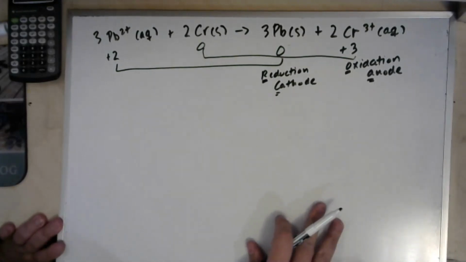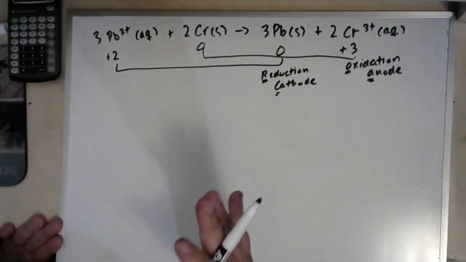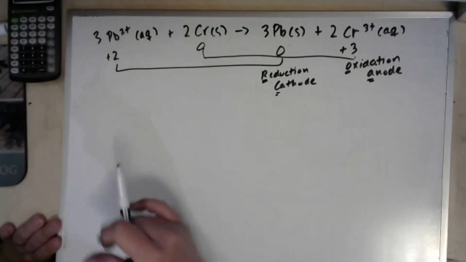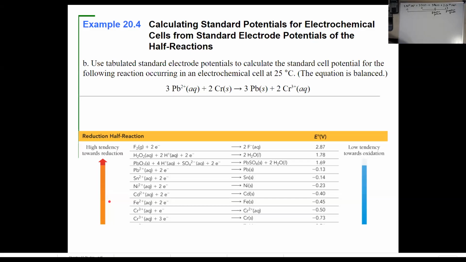And now we want to find the reduction potential values for these reactions, and you have to be very aware of the half reactions that you're looking at. If we look back to the table, the lead one is pretty straightforward because we have the lead 2+ ion plus 2 electrons gives us solid lead. So the E for our cathode is going to be negative 0.13 volts.